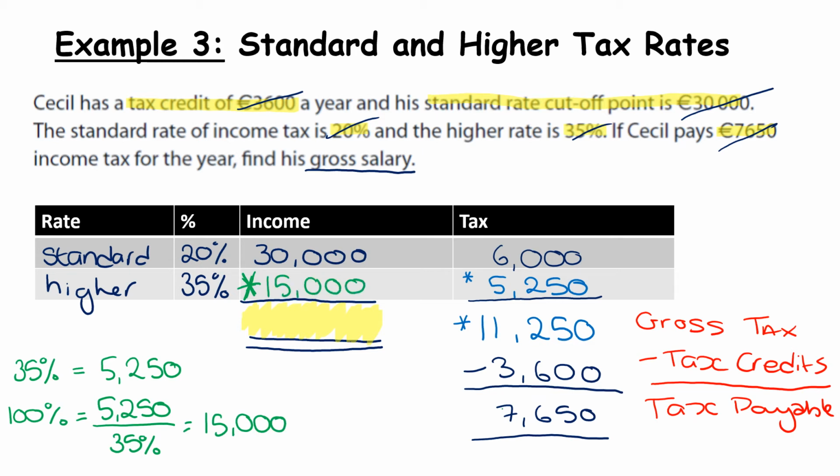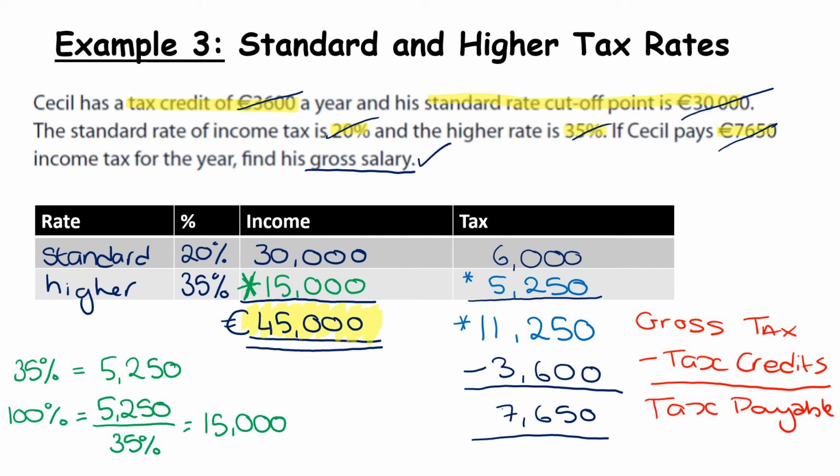And then we can fill that in because now we can add these together to get my total income of 45,000, which is his gross salary. So we've just worked that out. So this is a really good example of how having a really good layout helps with the harder questions.